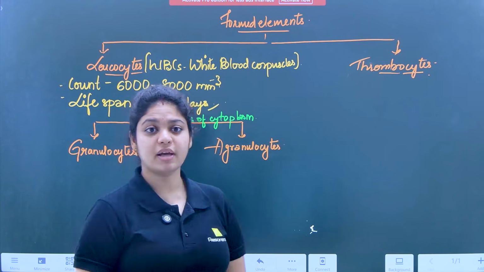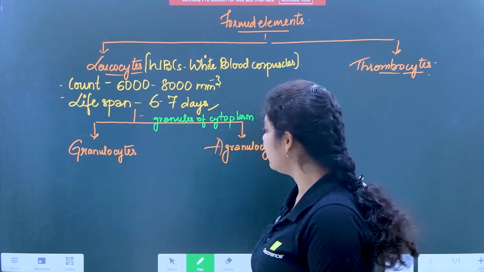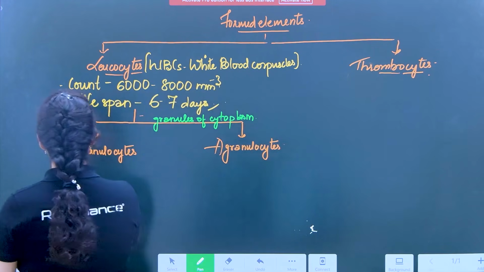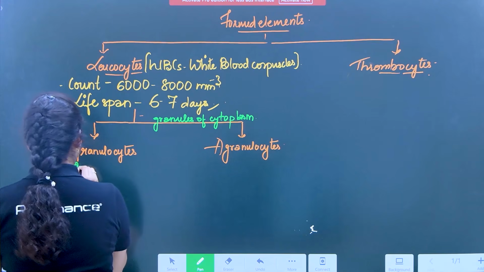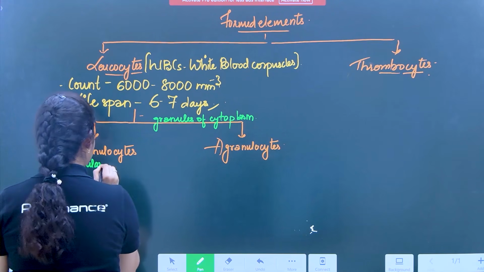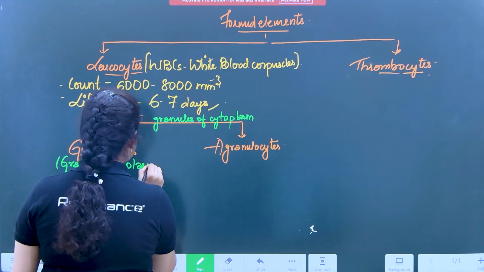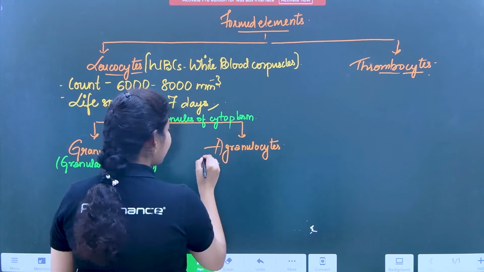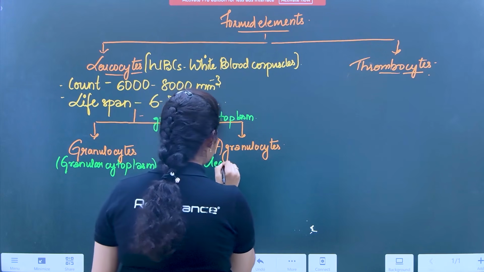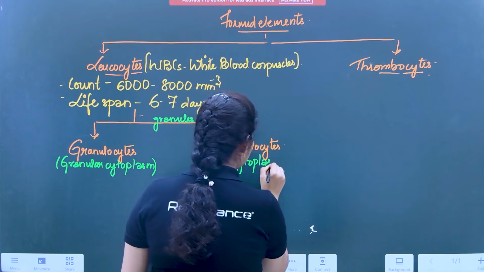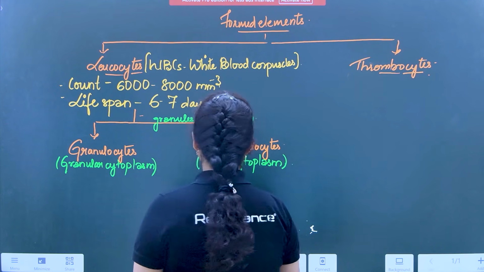In the case of granulocytes, it will be having granular cytoplasm. In agranulocytes, it is having clear cytoplasm.